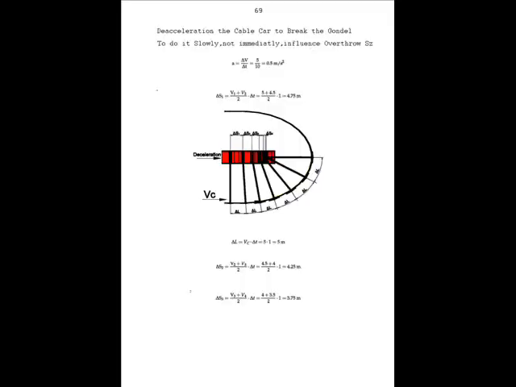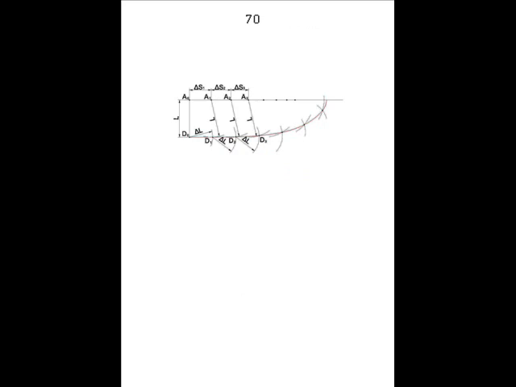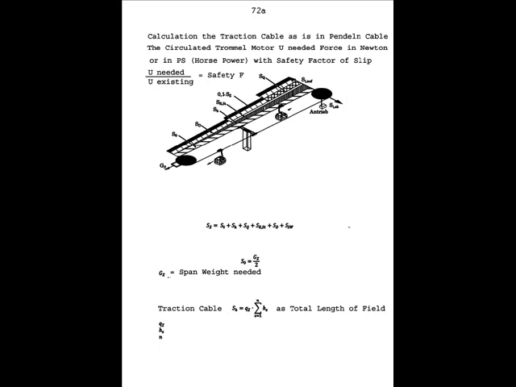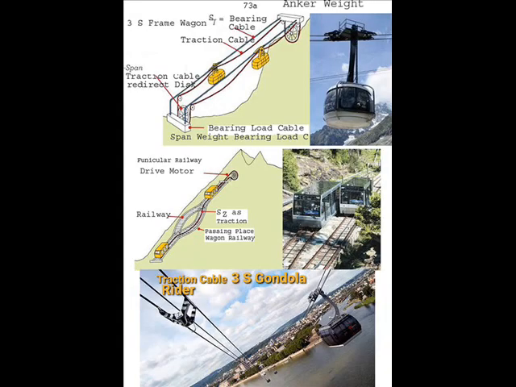We get 25,000 newtons is equal to 0.1138 T2, so therefore T2 is equal to, take the inverse of that, times 25,000 equals, so we get 219,677 newtons.